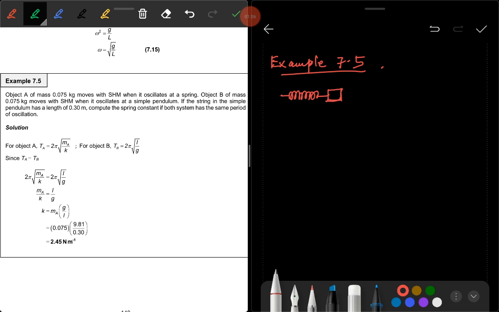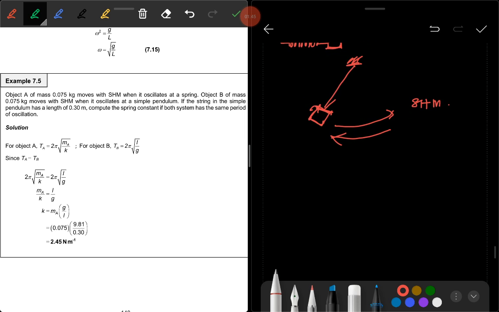The first situation: the mass is attached to the spring and it oscillates back and forth with simple harmonic motion. The second is the same object, with the same mass. Here it will move back and forth again. The motion is repeated, so we say that the object moves with simple harmonic motion.